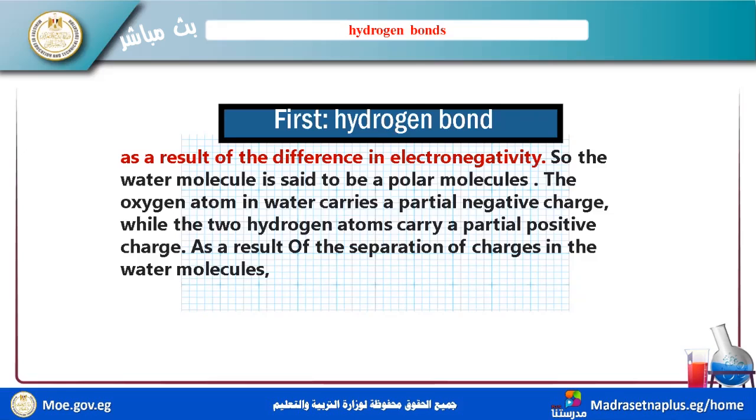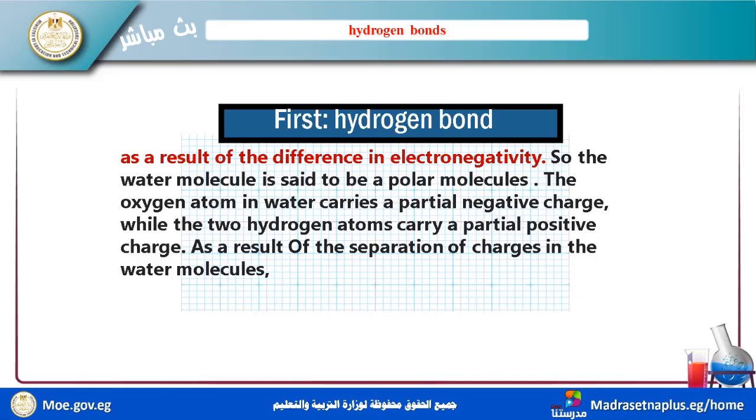The oxygen atoms in water carry a partial negative charge, while the two hydrogen atoms carry a partial positive charge. Now I have many important things to understand.